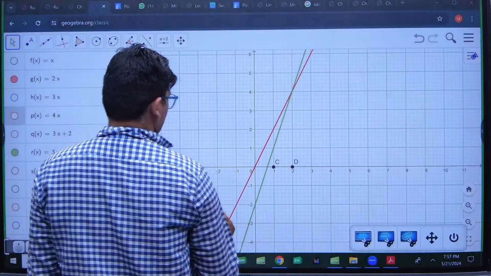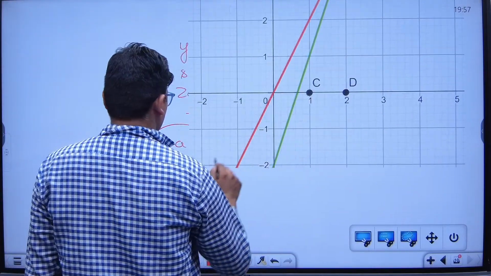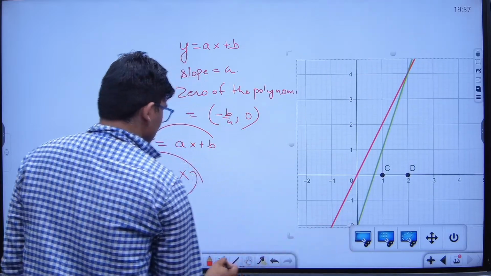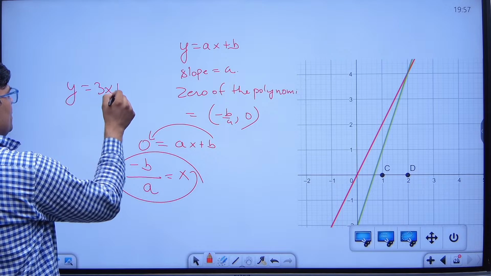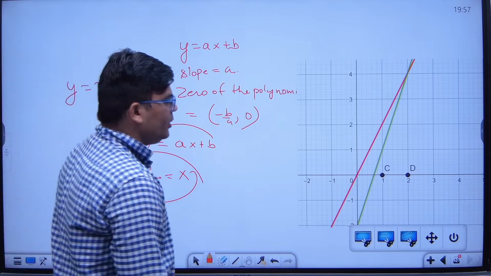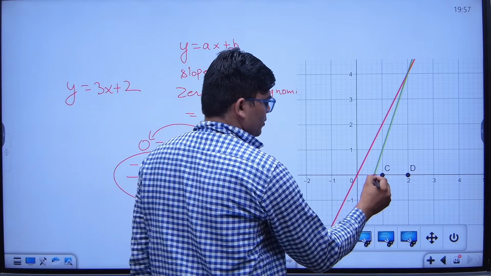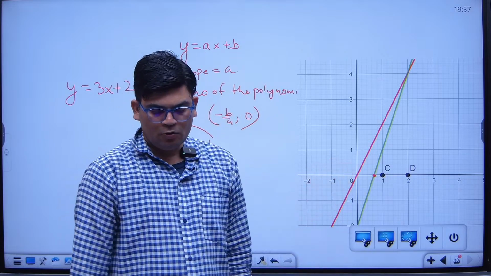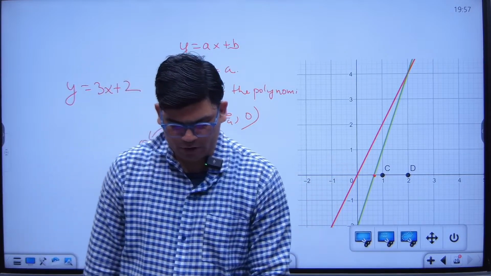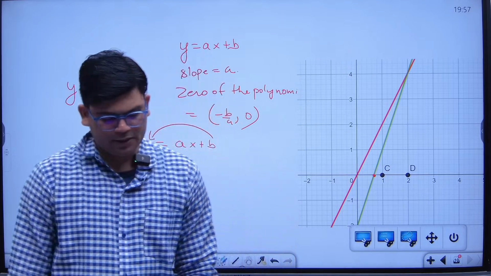How do I find this? I am telling you. The name of the graph was y is equal to 3x plus 2, and they are talking about this point. Now you are saying, sir, how can I look at the graph and tell you the point? You can't look at the graph and tell me like that.